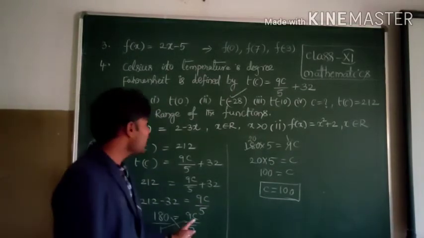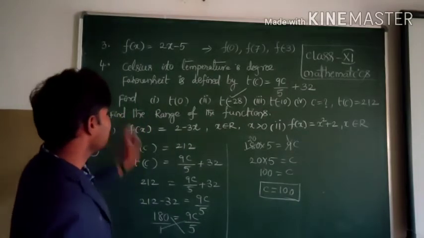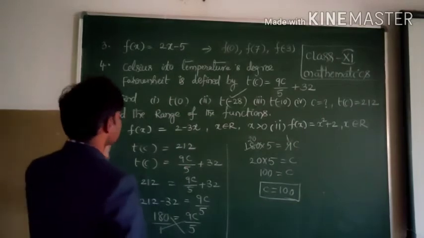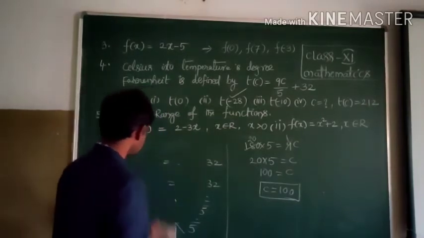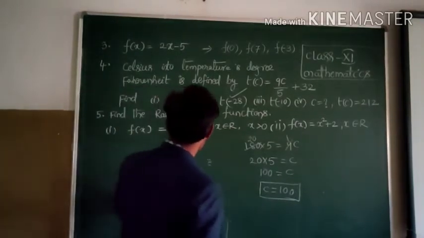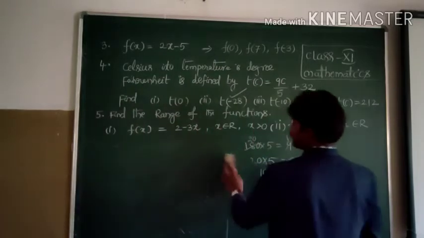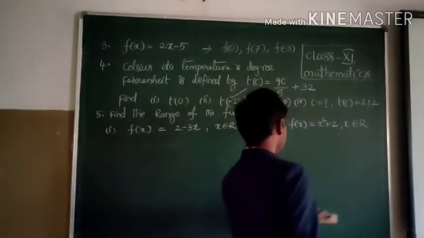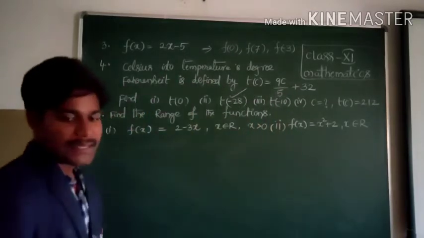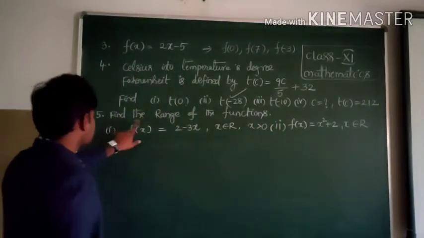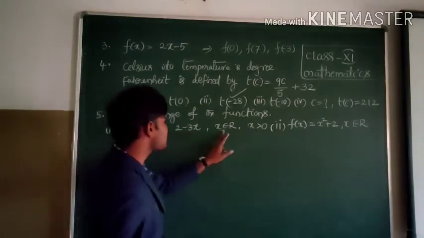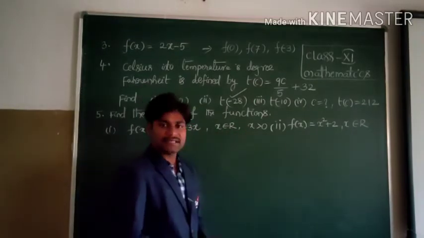Clear? Now let's see the fifth problem in this exercise. The problem is to find the range of the given functions. The first one is f of x equals 2 minus 3x, where x belongs to the reals and x is greater than 0.